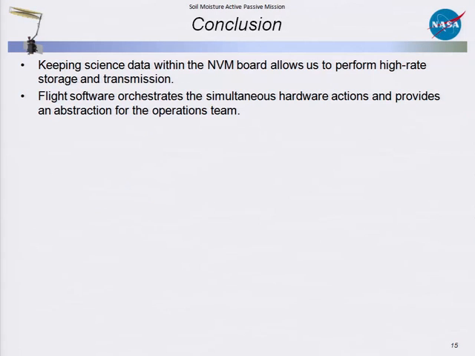So what I'm hoping you take away from this is, we had a high rate data requirement, and one approach to that was really to have hardware in the loop. Hardware taking a very large responsibility for data storage, transmission, and keeping the data out of the flight computer itself.